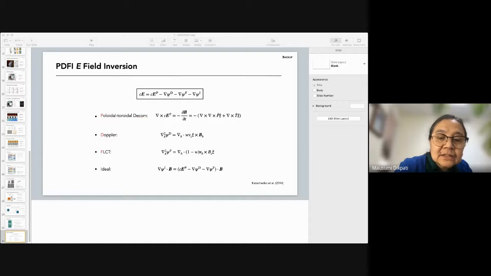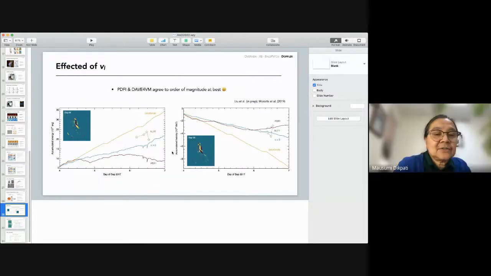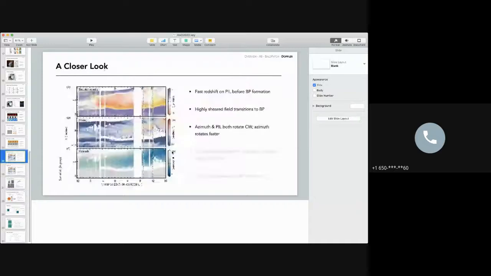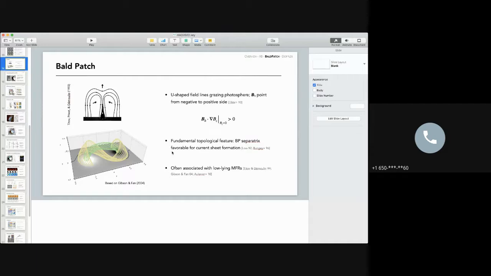So anyways, what I'm trying to say is that from a 3D point of view, if you think of a regular loop that is rooted as the omega shape, in the positive and negative magnetic flux, right? For a bald patch, it's the opposite. It's a U-shaped field line. Maybe one slide up, 14. Yeah, okay.